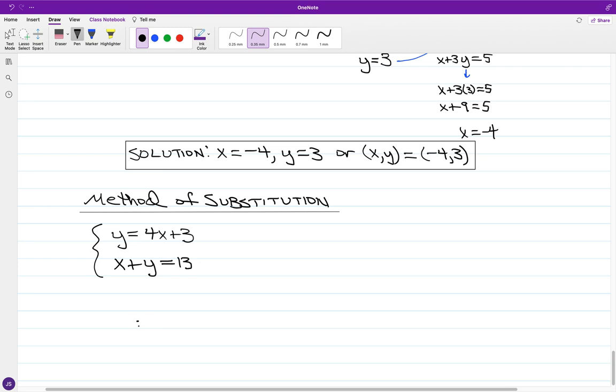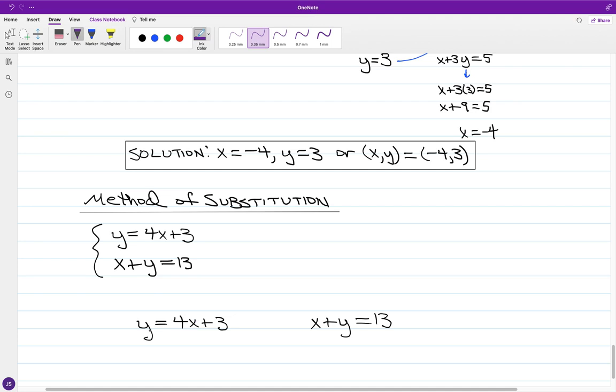So just looking at what we have now. In the first equation, we have y isolated: y is equal to 4x plus 3. And again, I have x plus y is equal to 13. Now where the substitution comes in: from one equation, if I have a variable isolated, I can substitute for that variable in the other equation.